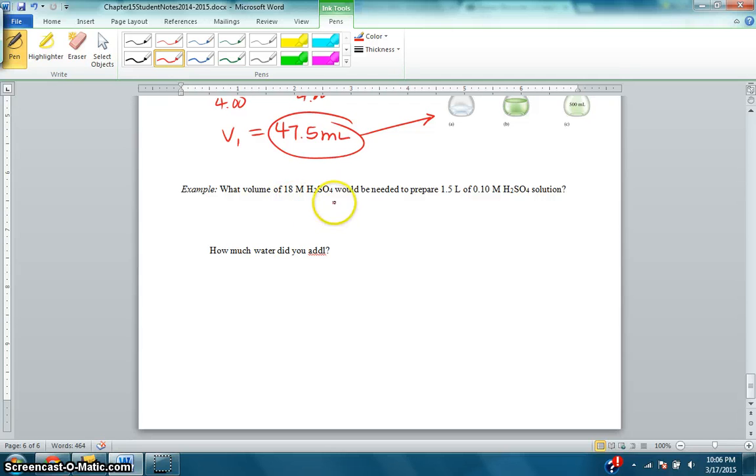So since this is my starting molarity, this would be my M1. And since these two go together, this would be my M2 and this would be my V2. So again, I'm solving for my V1. So I would put 18 molar times V1 equals 0.10 molar times 1.5 liters.